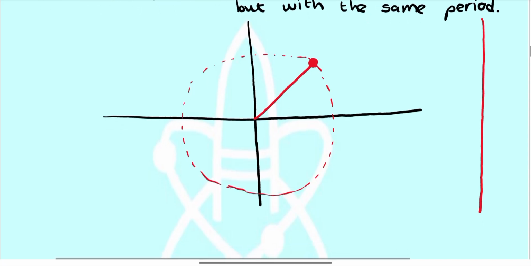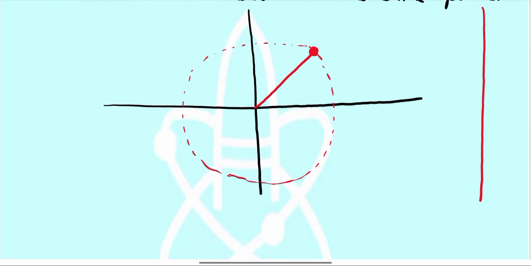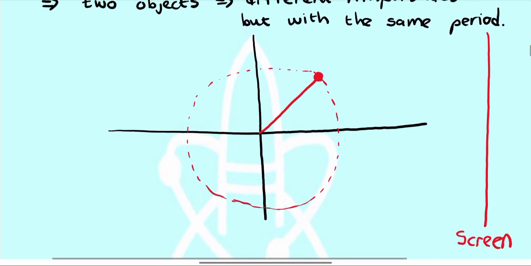This represents a screen over here that is tracking the shadow of this pendulum that is moving around a circle. It is being tied there at the end, and then it is moving in a circular motion.